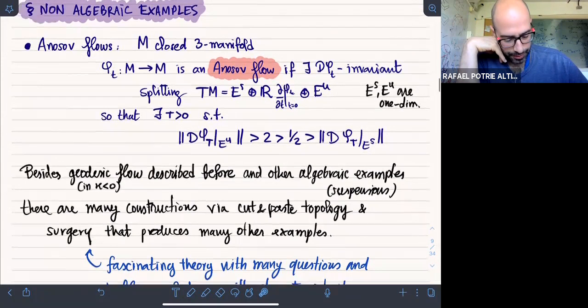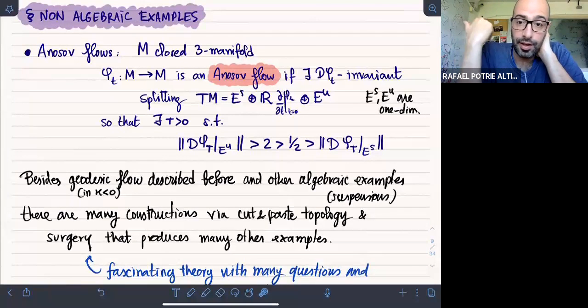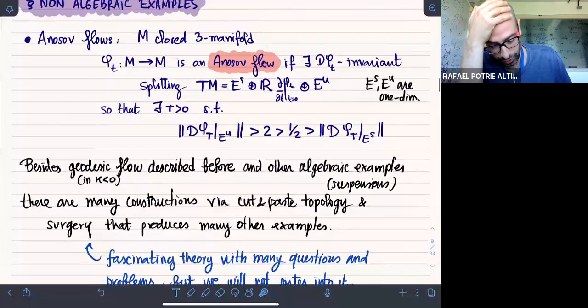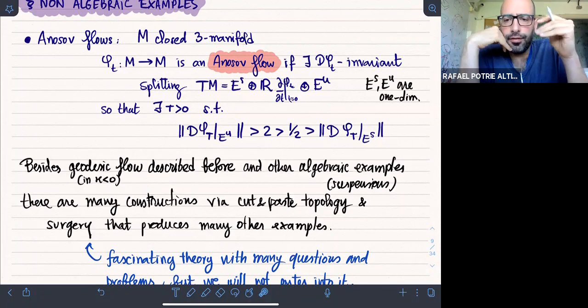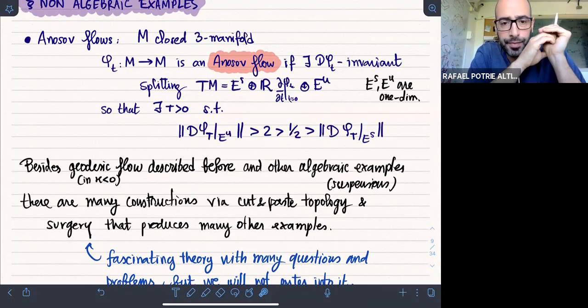And so the family of Anosov flows contains, for example, the geodesic flow in negative curvature that we discussed last time, and that Gerard is working on. But it also contains other families of examples, in particular algebraic examples, such as suspensions of linear automorphisms of tori.